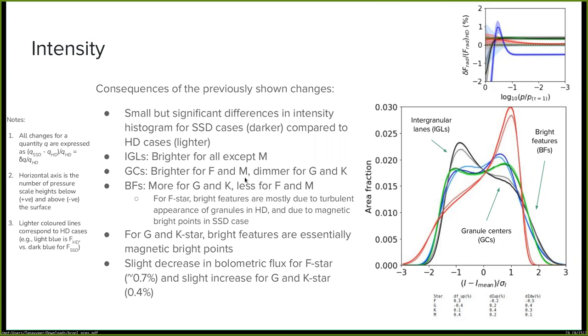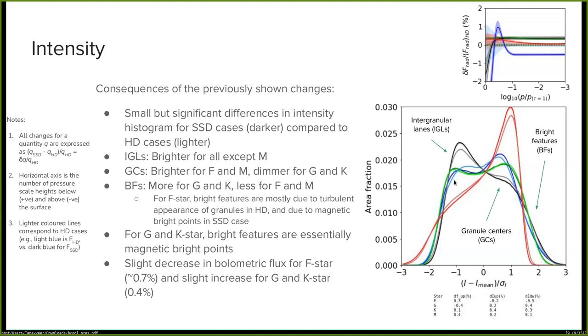They are less for F stars in particular, because most of the bright features in F stars for the hydrodynamic case came from the turbulent looking granule centers. For G and K stars, these bright features are essentially magnetic bright points, as I mentioned.